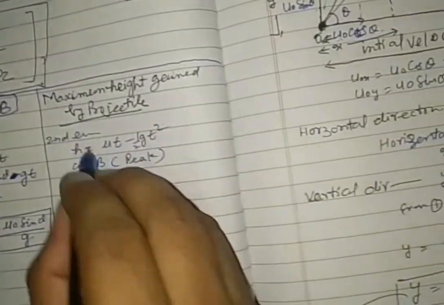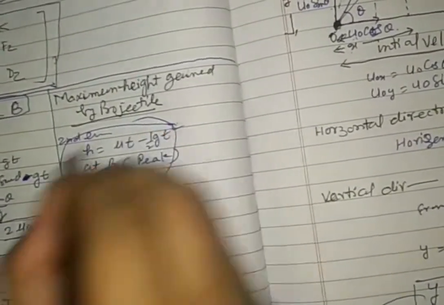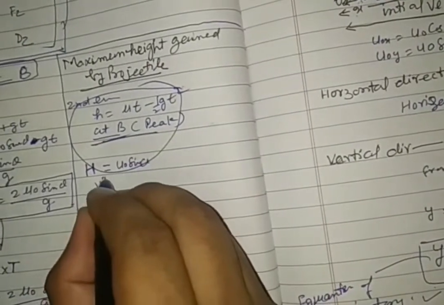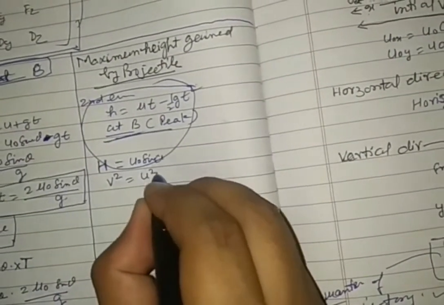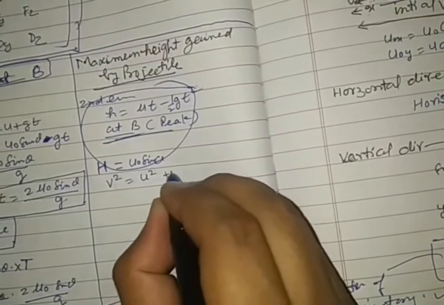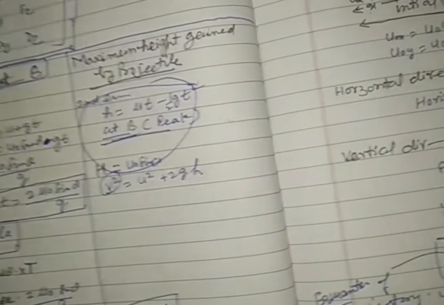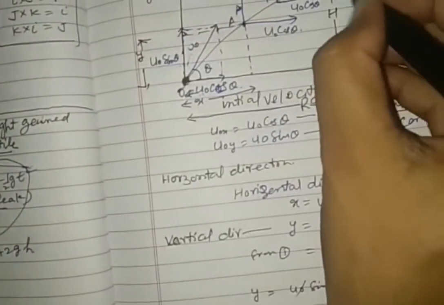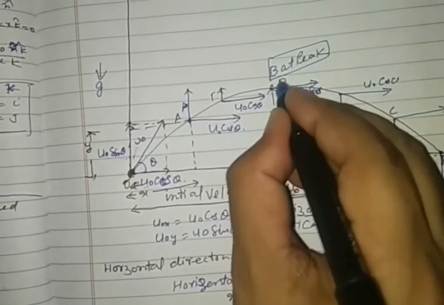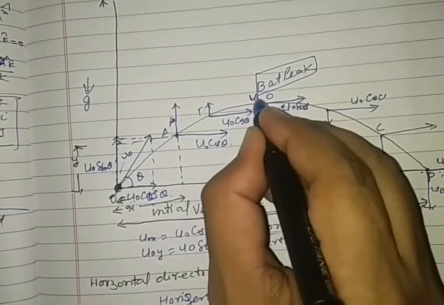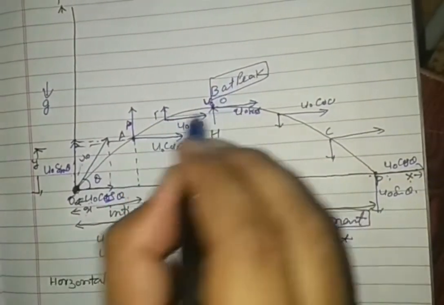So in place of using the second equation of motion, we will use the third equation of motion. v square is equal to u square plus or minus 2gh. This is the final velocity here. The final velocity in the upward direction is 0 here.